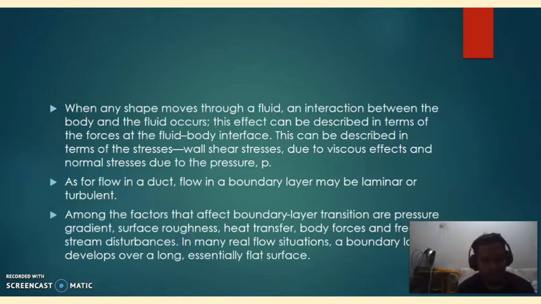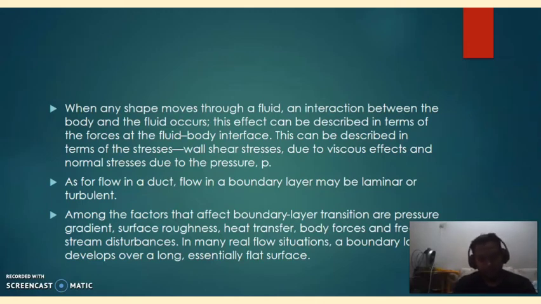Firstly, when any shape moves through a fluid, an interaction between the body and the fluid occurs. This effect can be described in terms of the force at the fluid-body interface, that is, in terms of the wall shear stress due to viscous effect and the normal stress due to the pressure.